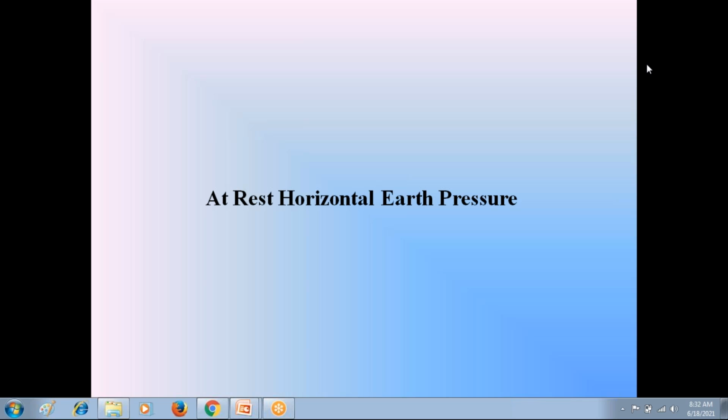Check the stresses acting on this soil element. In the at rest condition, the soil element is subjected to three stresses. One is the horizontal stress, sigma h, along the x-axis, the vertical stress, sigma v, along the y-axis, and also the horizontal stress, sigma h, along the z-axis.